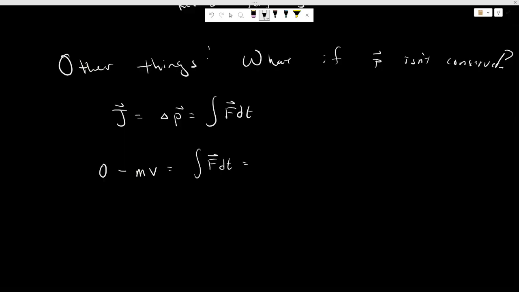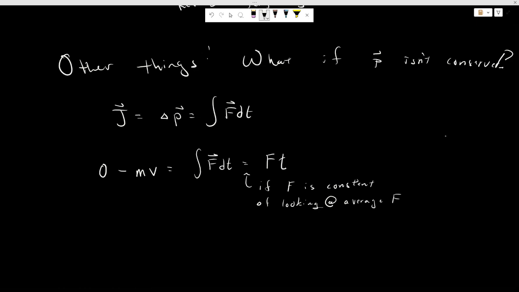Now, if f is constant in time, that just gives me f times t. Or we could look at it as average f. So looking at average force, right?